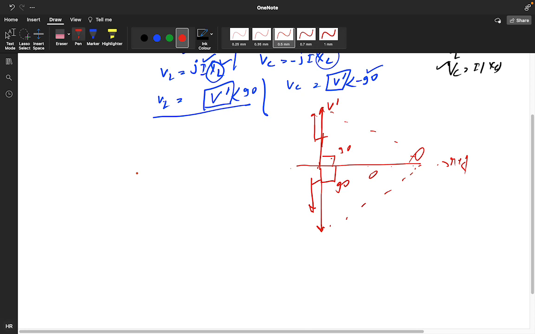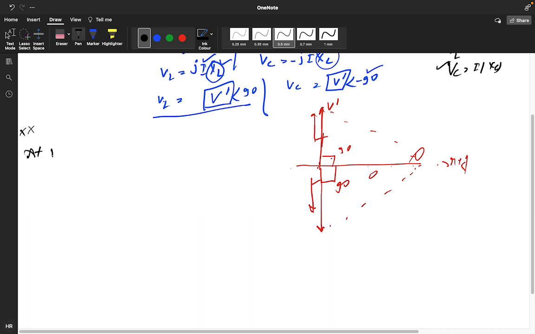One very good question: write it down, it's a very important point, remember this. At resonance, the voltage across the inductor and the voltage across the capacitor may be higher than the supply voltage also.